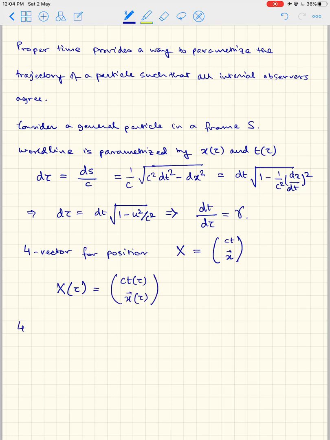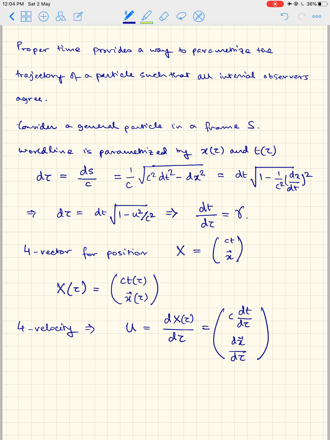So the velocity is now going to be given by u, which is dx of tau by d tau. This is going to be just c dt d tau and dx d tau.